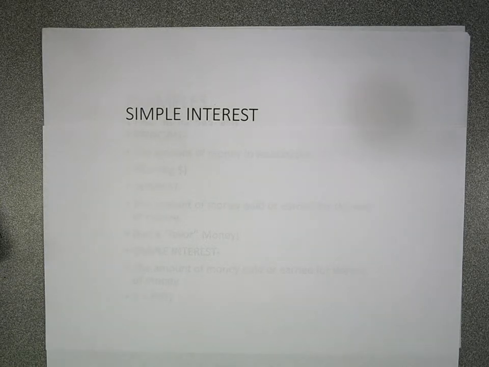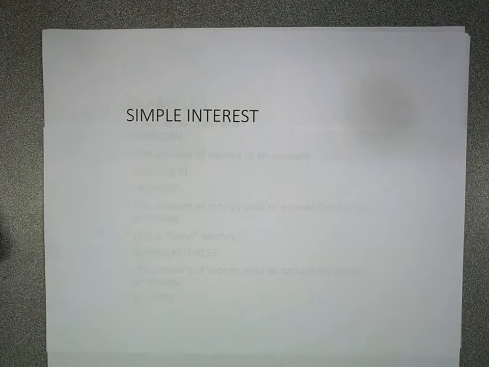So now all of a sudden you are paying extra money for that system. Okay. Now this is a very generalized idea of how interest works. That's why this lesson is called Simple Interest, because it gives you a good rough idea of how interest works. Okay, so we're going to take a look at some vocab words, and then we'll see how it applies to some real problems and how you would find it out.